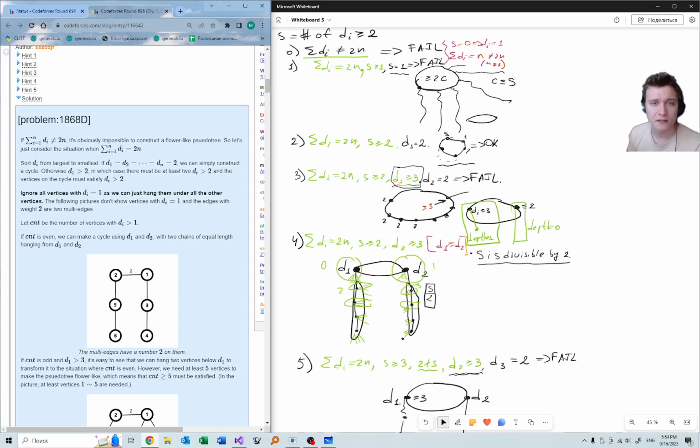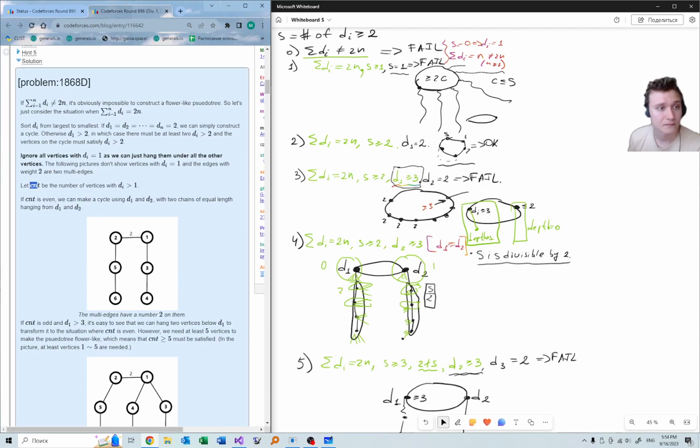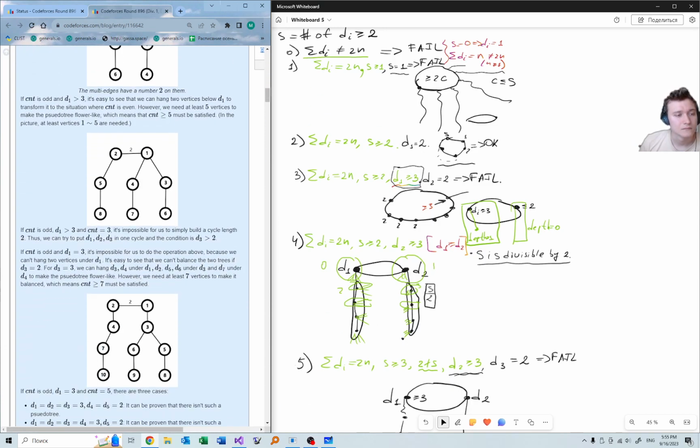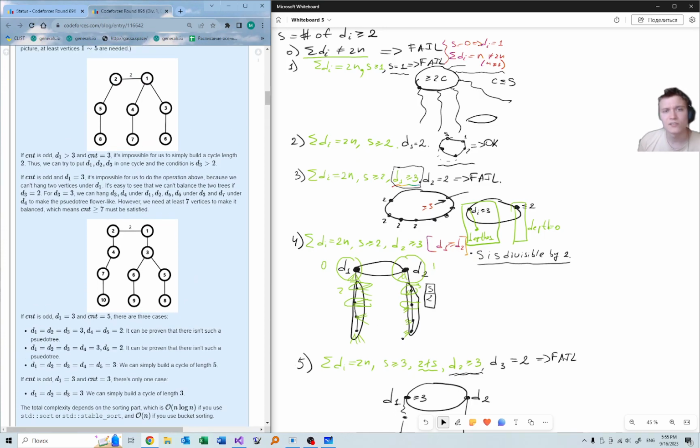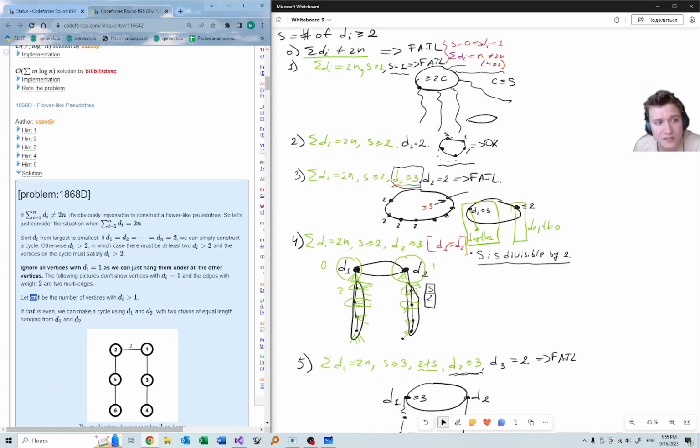So when we printed fail, first of all, we printed fail when s equals 1. S is CNT here. It's not considered if s equals 1 actually in this editorial.